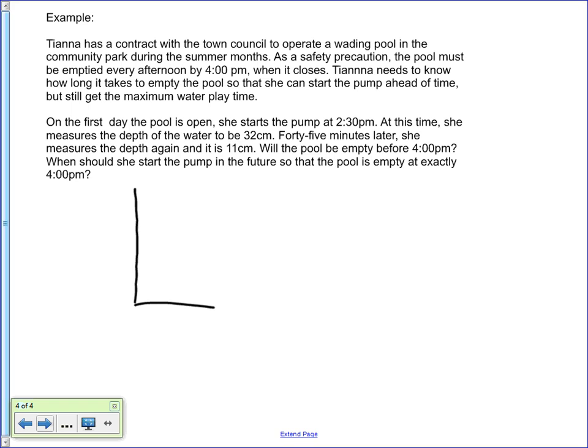If that's the case, then I have two sets. I have time 0, at which the pool starts at 32. And then I have time 45, at which the pool is at 11. So that's the second time.